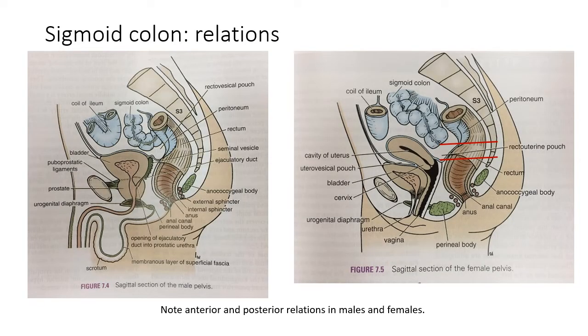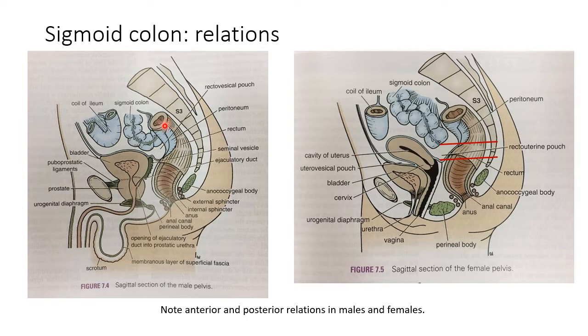Now, what are the relations of the sigmoid colon? These are two images from your textbook showing the sigmoid colon in the male and the sigmoid colon in the female. Talking about the posterior relations, they are the same whether it's a male or female.